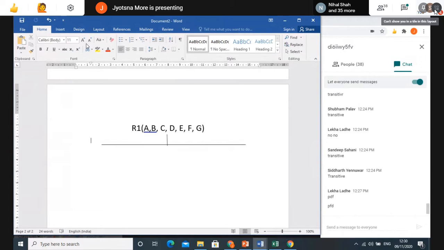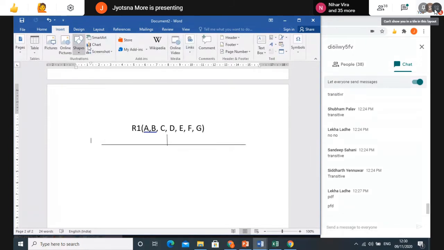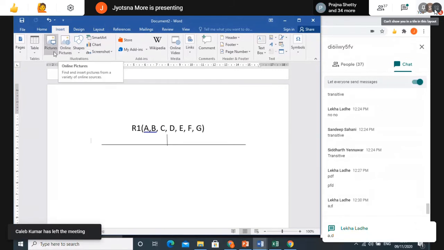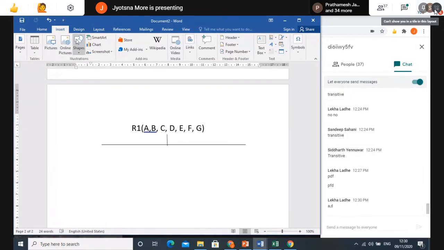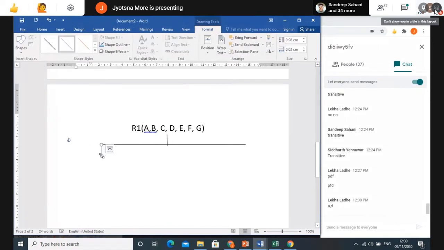What will be your R2? Can anyone write in the chat box? Let me know your answers for R2 and R3. Meanwhile, I'm just drawing the dependency diagram side by side.